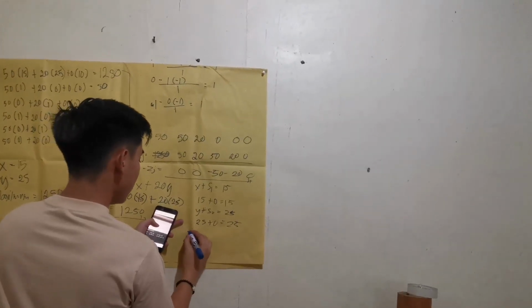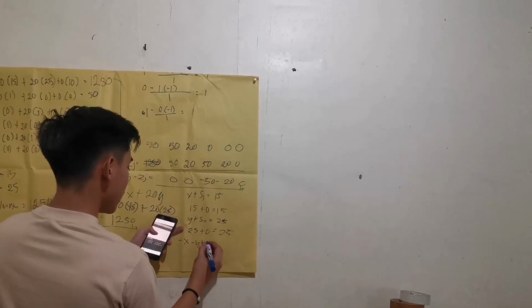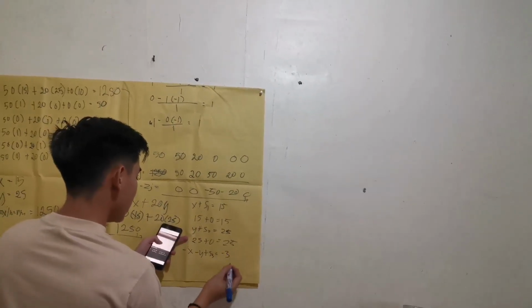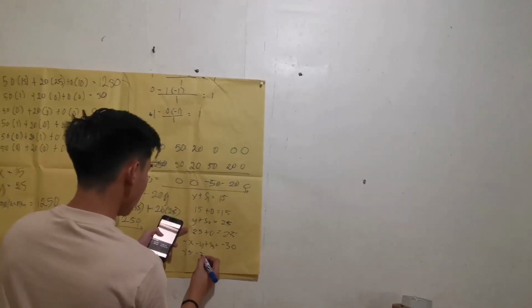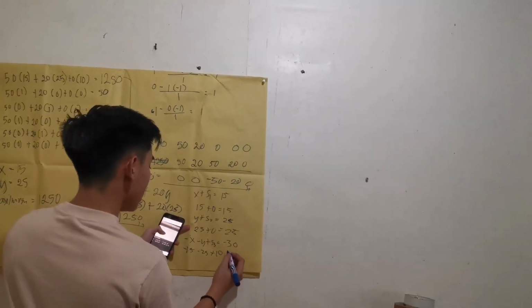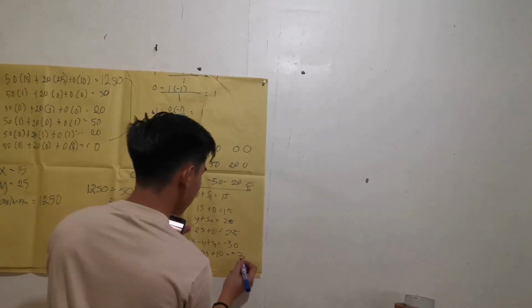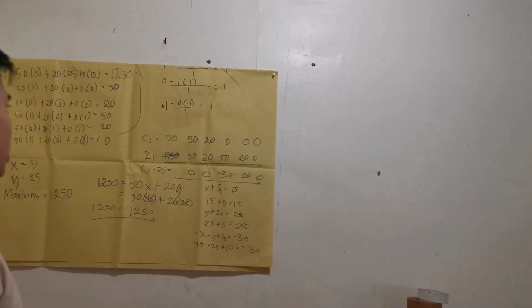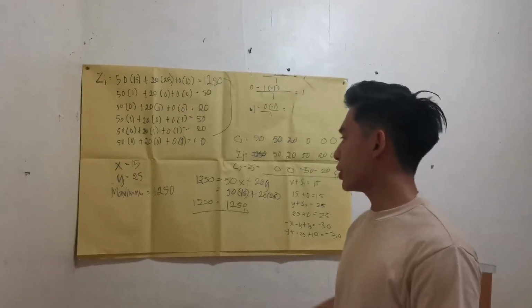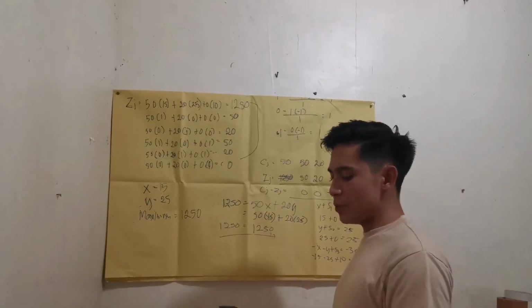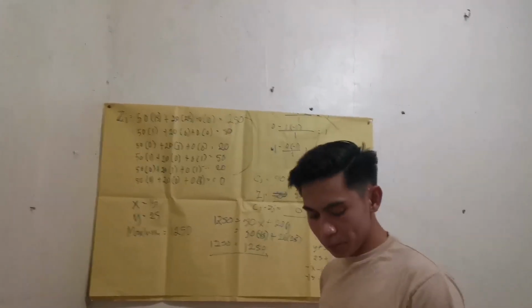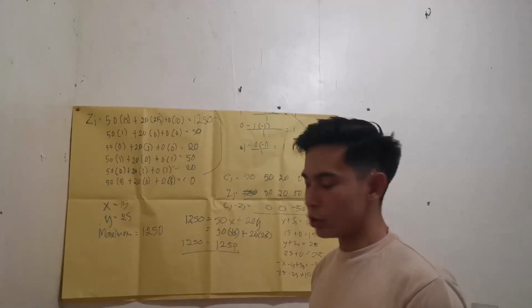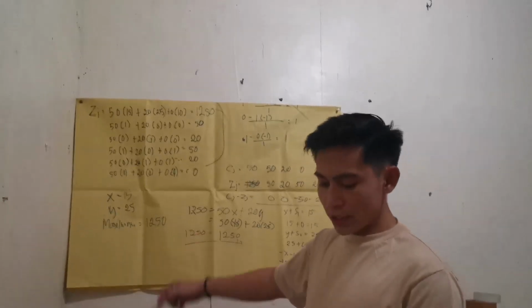So, negative x minus y plus s sub 3 is negative 30, parang kanina na nasulat ko. So, negative 15 minus 25 plus 10 is negative 30. So, tama yung nasagutan natin. So, it indicates that the maximum of profit is obtained when x equals 15 acres and y equals 25 acres, resulting in a total profit of $1,250.